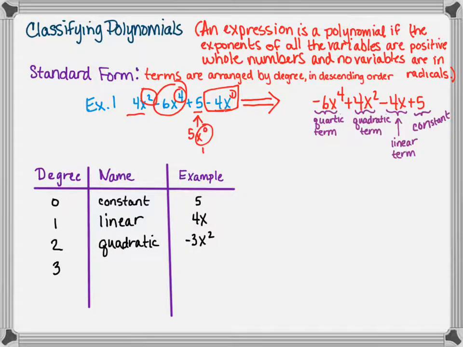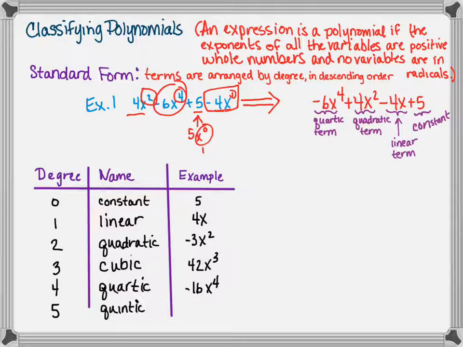A term with degree 3 is a cubic term, for example, 42x cubed. A term with degree 4 is a quartic term, for example, negative 16x to the fourth. And a term with degree 5 is a quintic term, for example, 32x to the fifth.